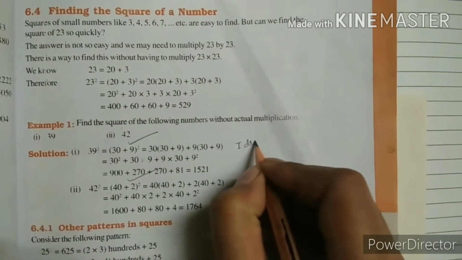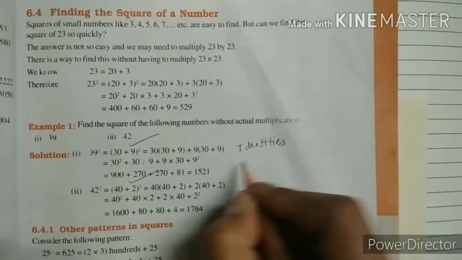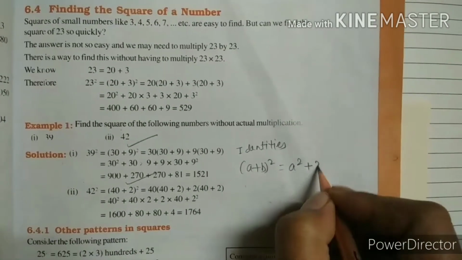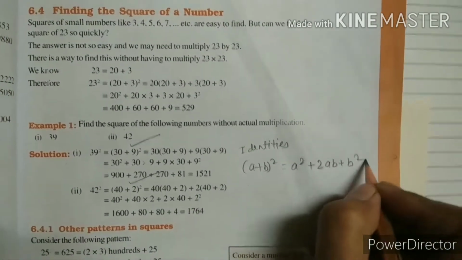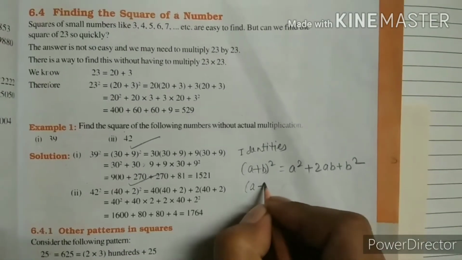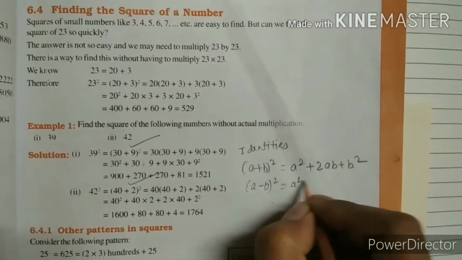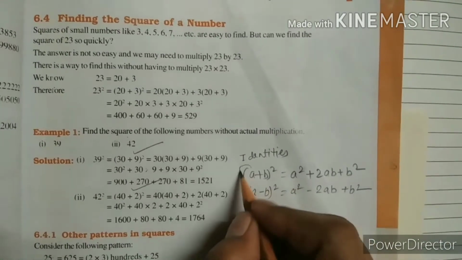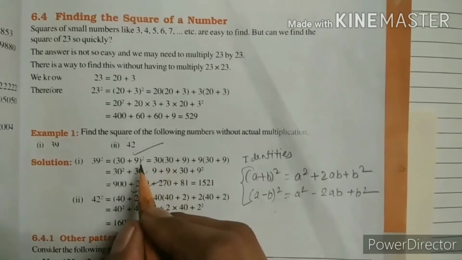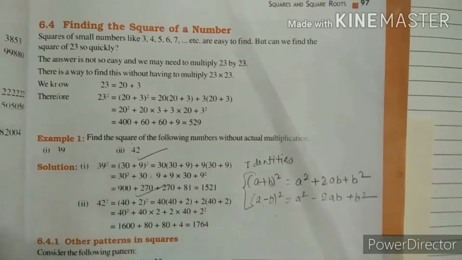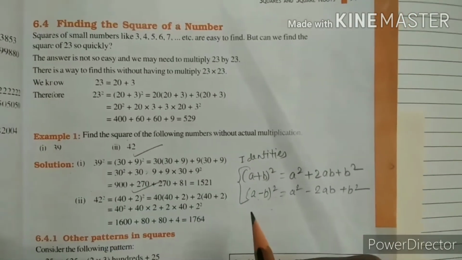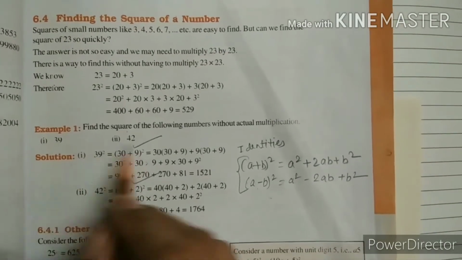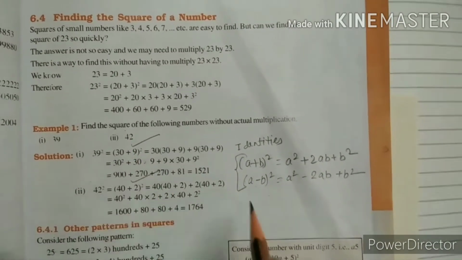You know, (a plus b) square is a square plus 2ab plus b square, and one more identity is (a minus b) square is a square minus 2ab plus b square. These two identities we will apply to find the squares of the given numbers, because before starting the exercise they are using this method. So we will use this method.